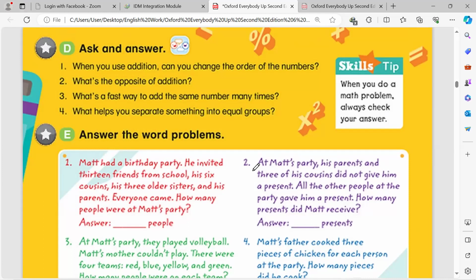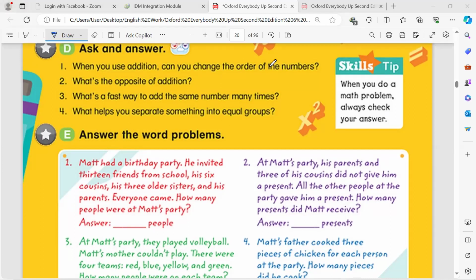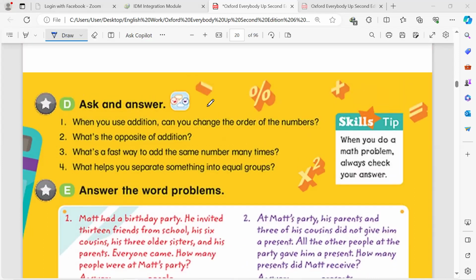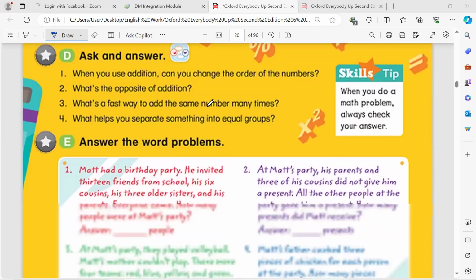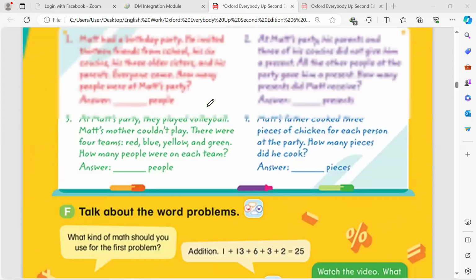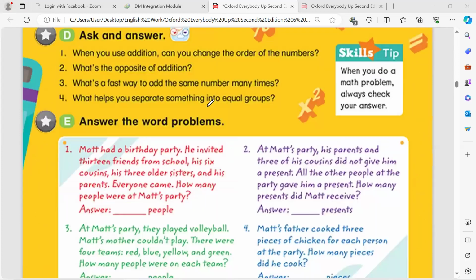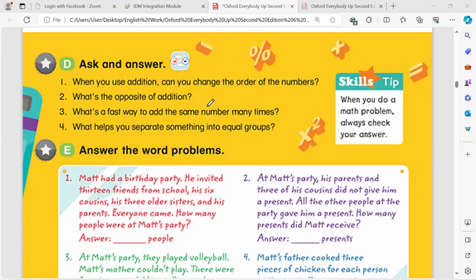Sometimes I learn English, because I'm learning Olympiad. Some international schools use English.